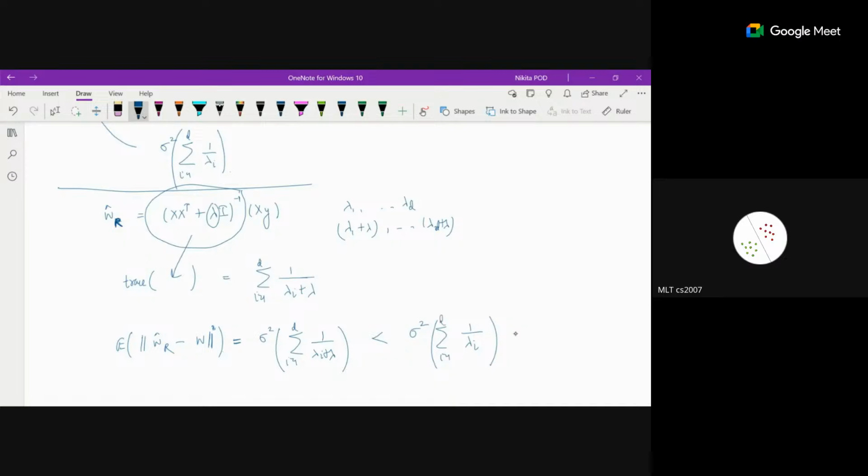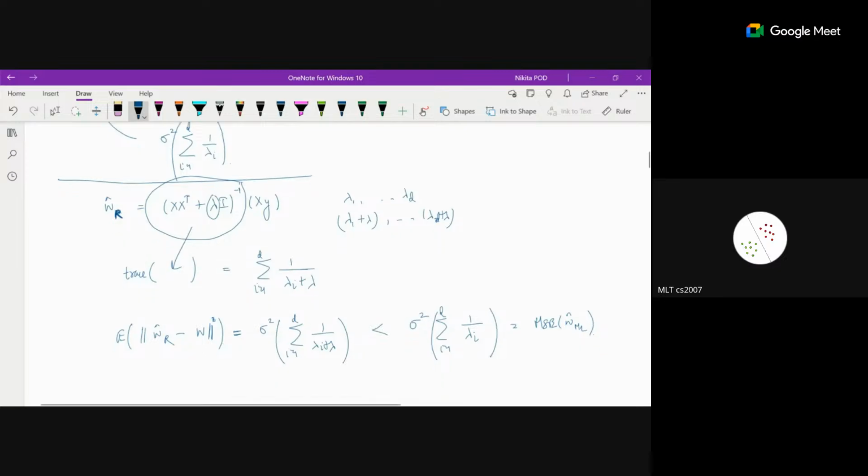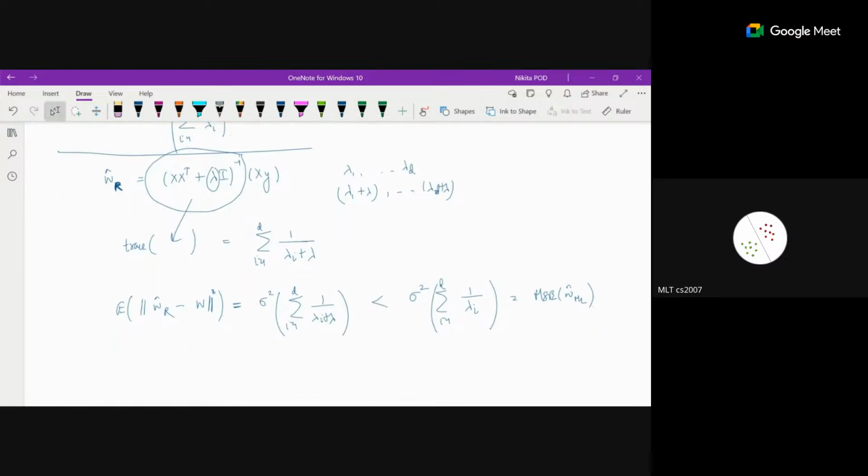This was my mean square error of W hat ML. So this new estimator is, in a sense, reducing your MSE, the mean square error.